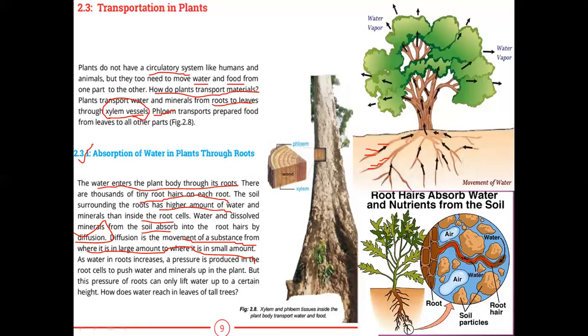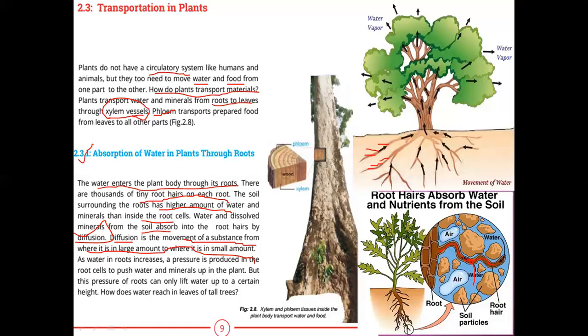So in the cells of the root hair, water is in less quantity, so water will move from outside to inside, from higher amount to the lower amount. This is called the process of diffusion, and this is a very important process. You will study this in chemistry and biology in the next classes as well.